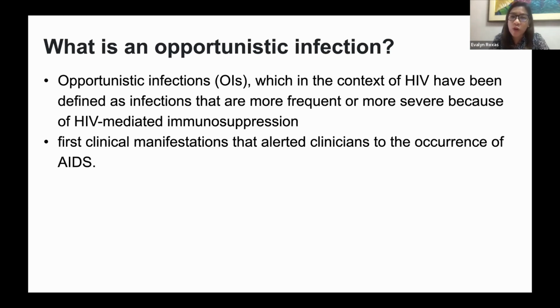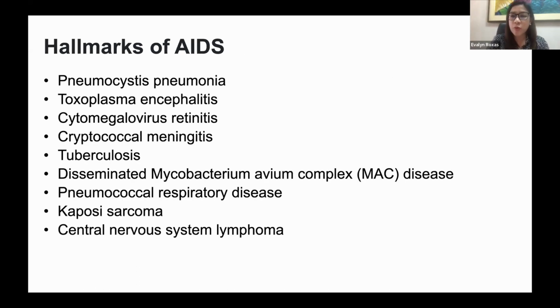Opportunistic infections are the first clinical manifestations that alert clinicians to the occurrence of AIDS. Somehow, this becomes the starting point why the patient consults doctors, and only then do they find out that they have HIV/AIDS.